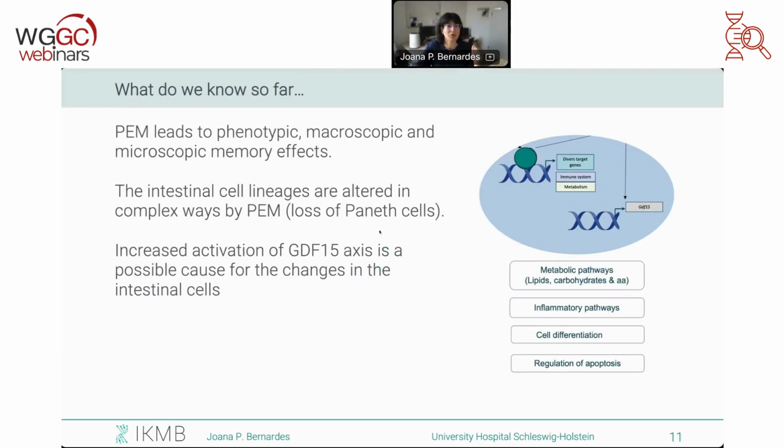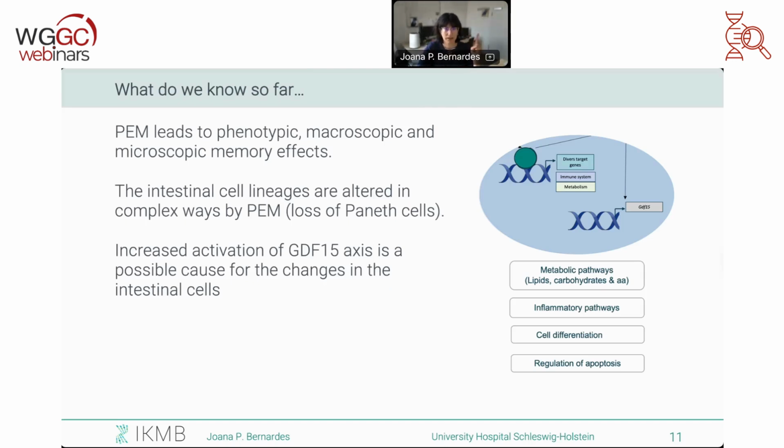This we still don't know. And we know that for some reason the GDF15 axis has something to do with it, because GDF15 is a gene that not only affects Paneth cells and their differentiation, but can also potentially affect metabolism.